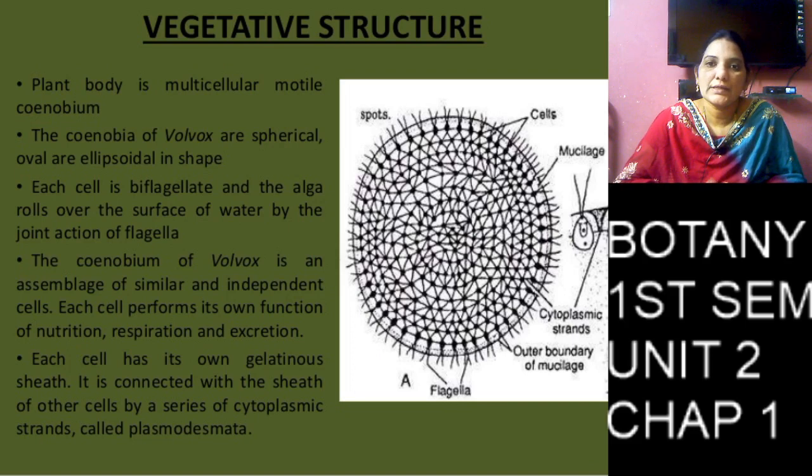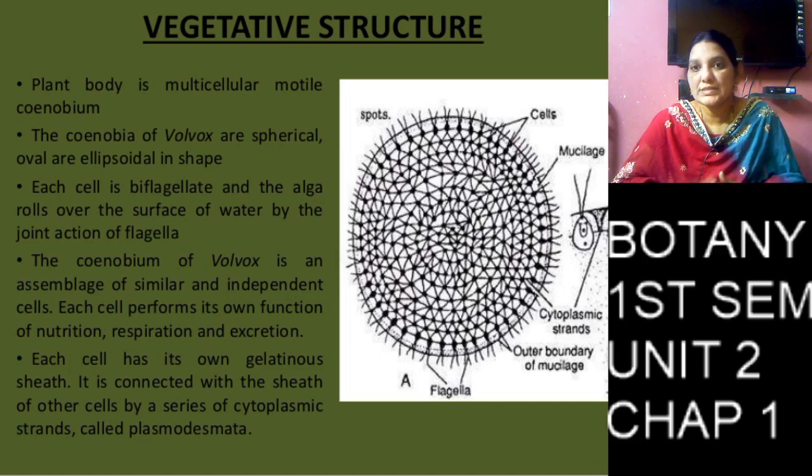Here Cenobium means a constant number of cells, constant in size, constant in structure. The cell size, the cell shape and the number of cells are constant, a fixed number of cells.